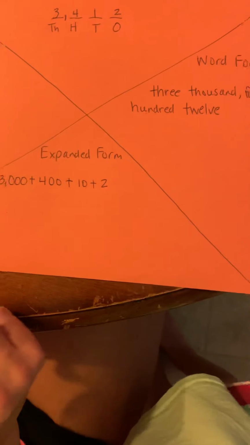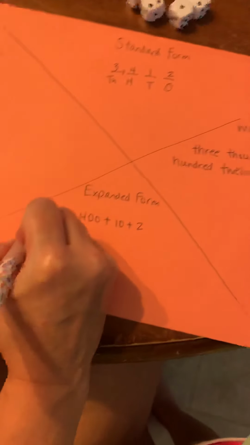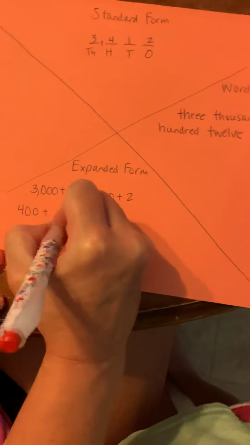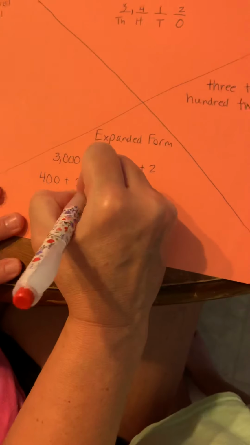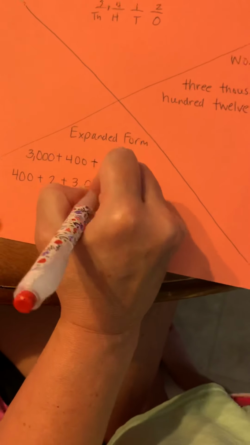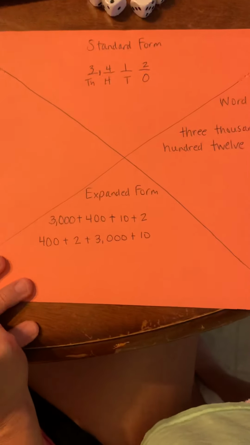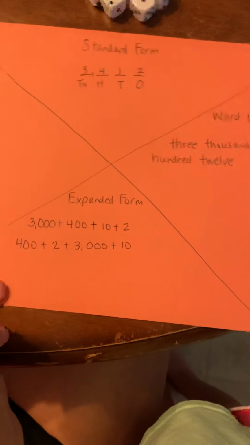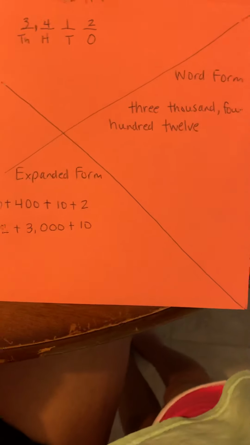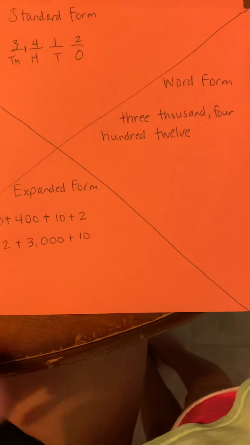I could also scramble it up, okay? It could look like this: 400 plus 2 plus 3,000 plus 10, okay? Because sometimes they don't put it in order by thousands, hundreds, tens, ones. I could also write it this way.